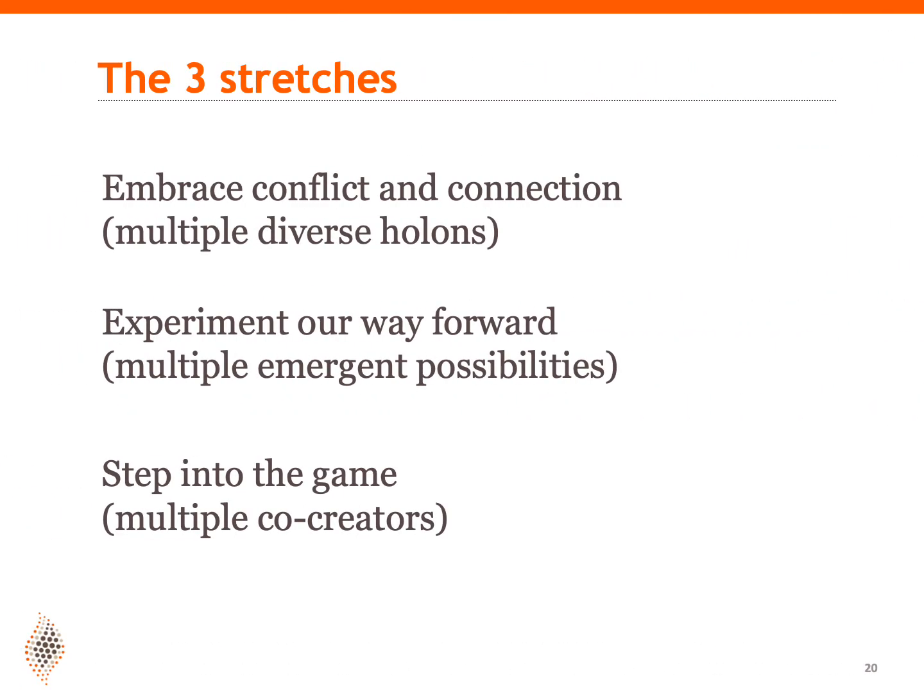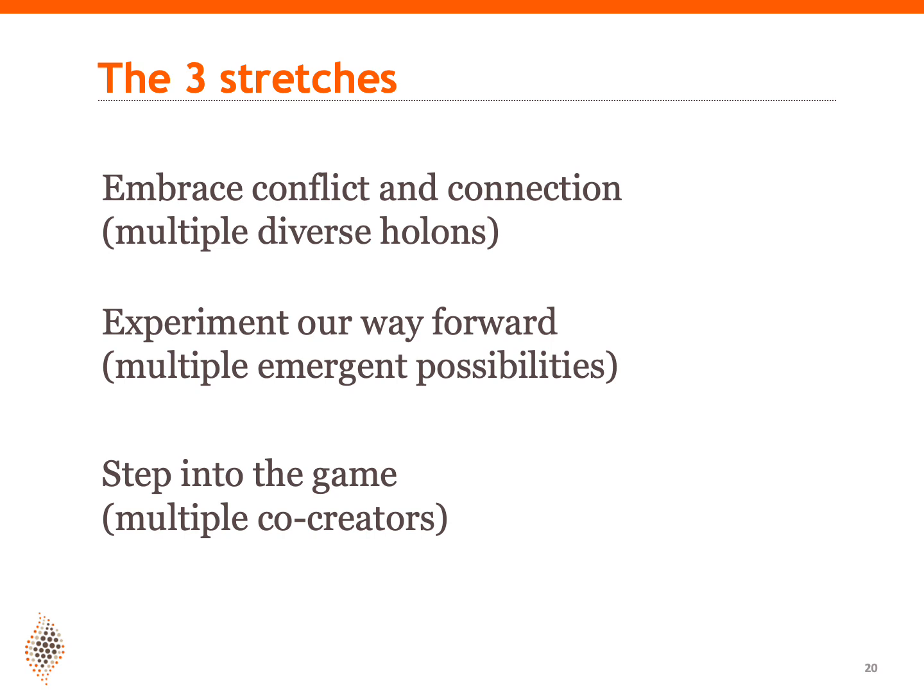Okay, so in summary, 3 stretches for stretch collaboration when you are convening a group of people who don't necessarily trust or like or agree with each other is to practice embracing conflict and connection. And there are many ways a group can acknowledge what they're in conflict about and what they're connected to, identify experiments and to learn and to fail, and to continue to innovate.